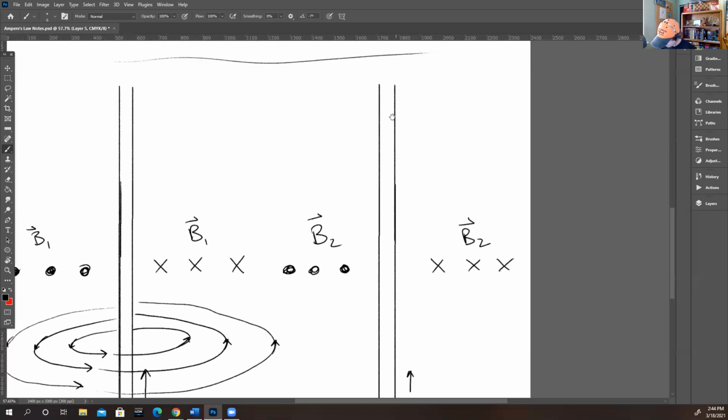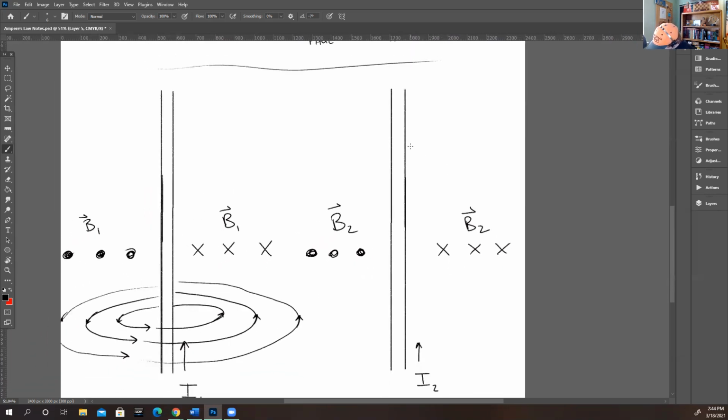So I'm going to make a separate current up here. So it's moving upward. And what kind of magnetic field is it moving through? Now, it's not the field that it's producing, it's what field it is in. So it is in a magnetic field produced by wire 1, and that's this one over here. You imagine these x's from wire 1 are extending all the way out.